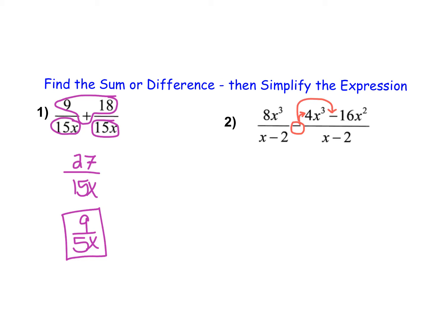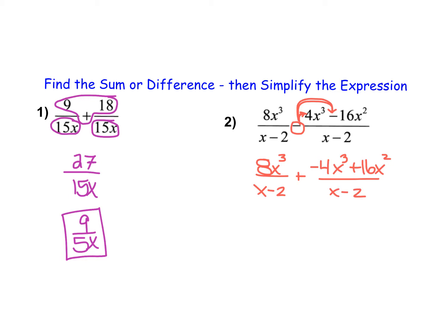So I like to turn this into an addition problem first. So here we're going to turn this into 8x cubed over x minus 2 plus, then we're going to distribute this negative 1 out to both the 4x cubed and the 16x squared. So here this would become a negative 4x cubed plus 16x squared. Notice the signs of each changed.